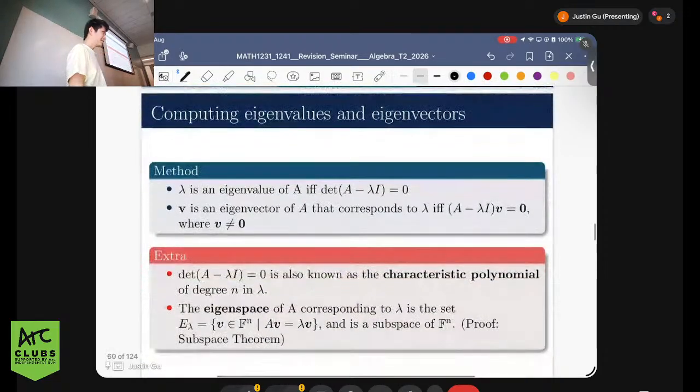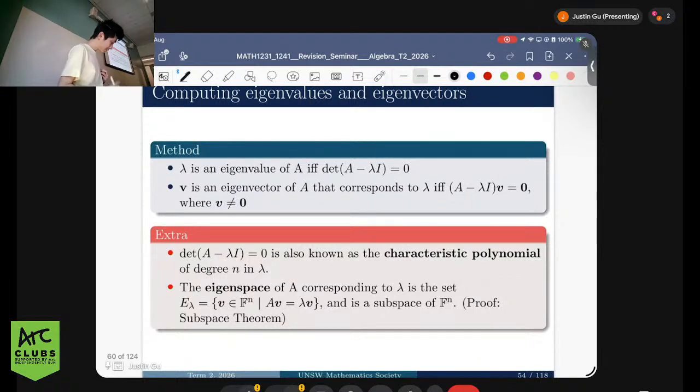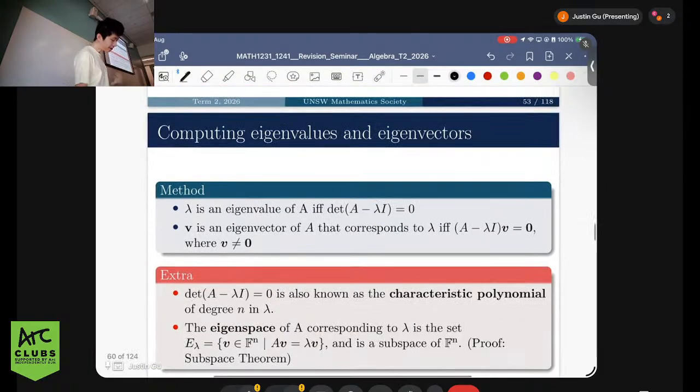So that's all well and good, but how do we find eigenvalues and eigenvectors of a matrix? Well, we know that lambda is an eigenvalue of A if and only if the determinant of A minus lambda I equals 0. If you want to know where that comes from, we know that Av minus lambda v equals 0 if v is an eigenvector, and we can factor out A minus lambda I from v, since matrix multiplication distributes over addition.